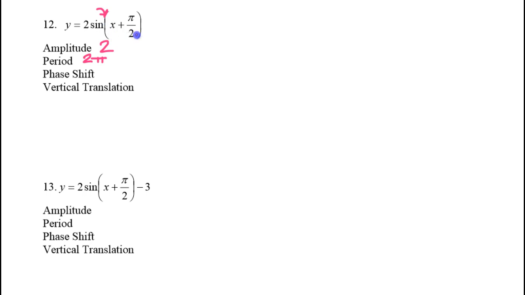Because there's no B value, I can just look and immediately see the phase shift from this value right here. So because this is positive pi over 2, I know that the phase shift will be negative pi over 2. Vertical translation, there is none because nothing is being added or subtracted on the end.